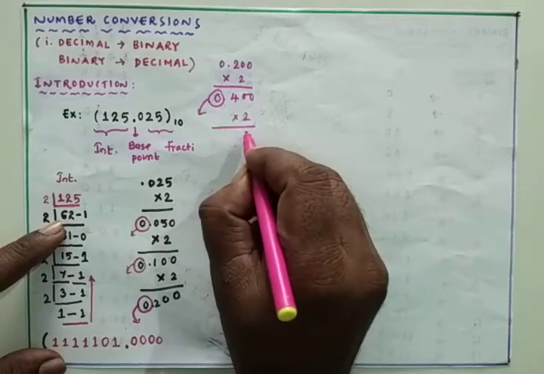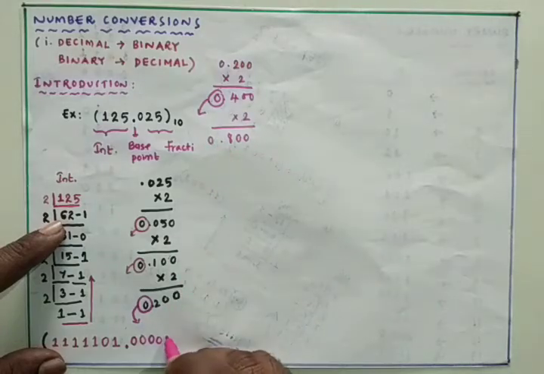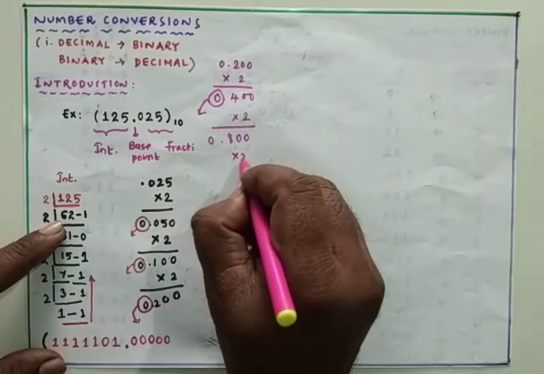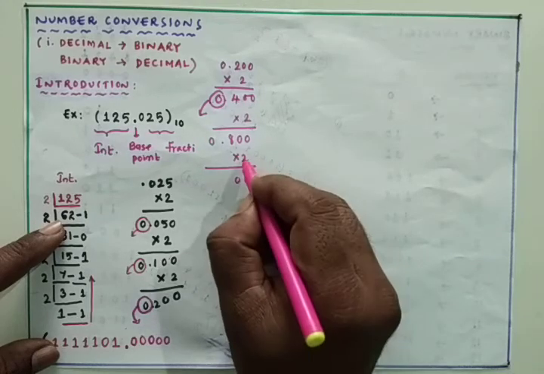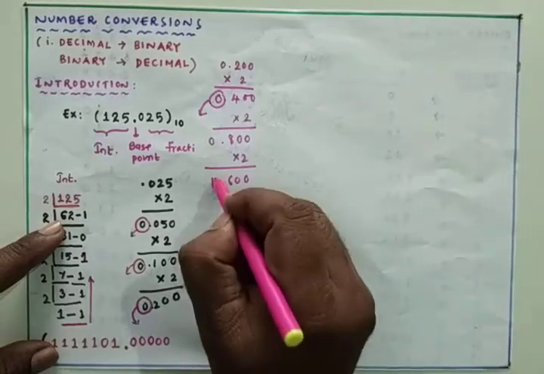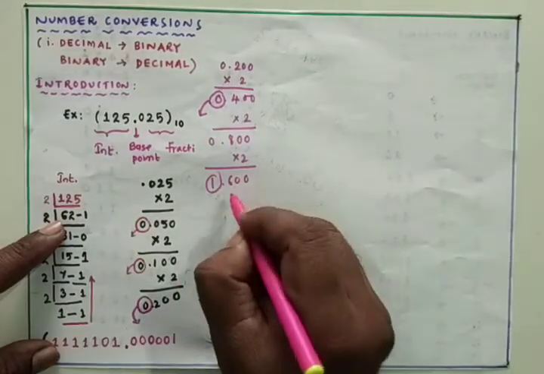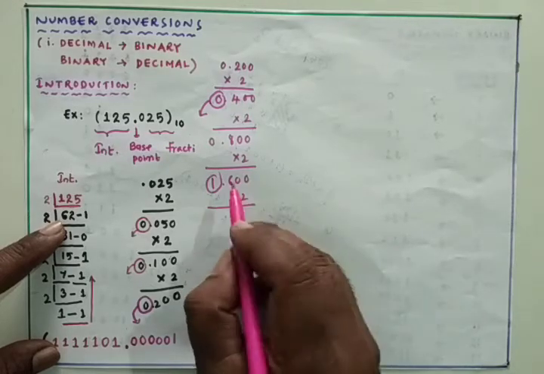This will be 0.800, and you can have the 0 here, into 2, it will be 0 0. Then this is 1.6, so that it will be the 1, and we have to collect this 1. Like that you have to go on.